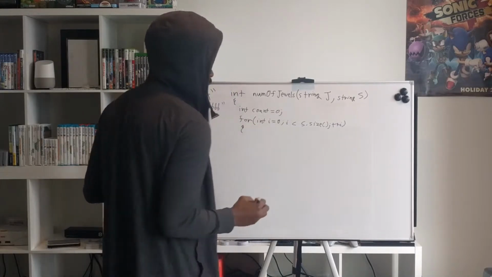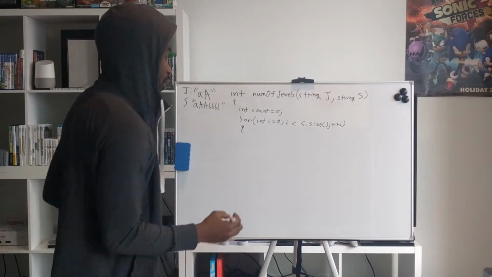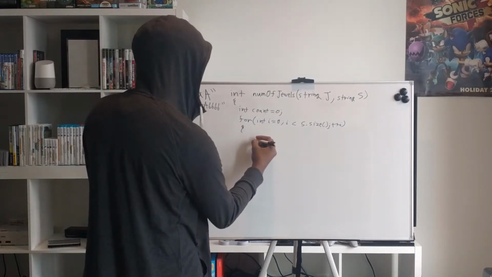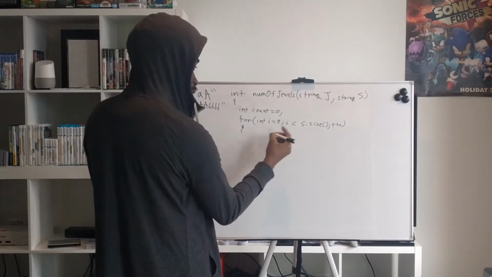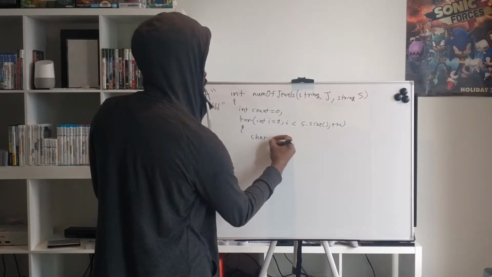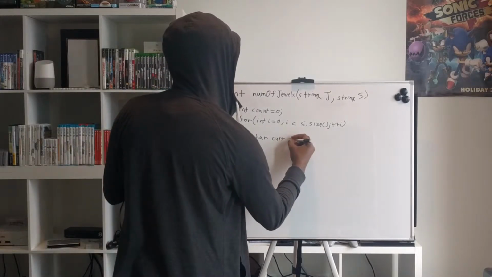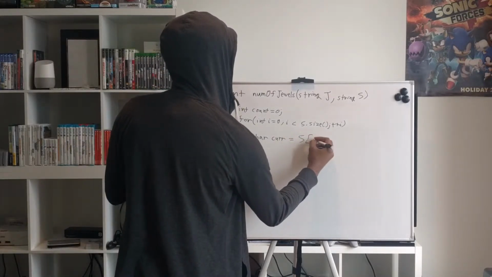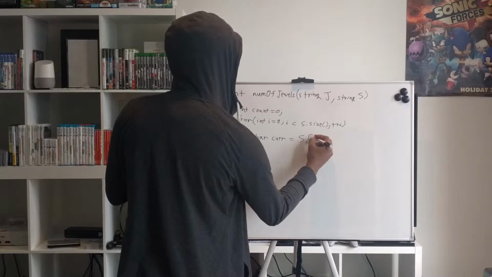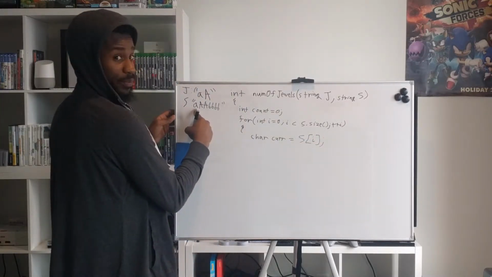Okay? So, what did we say we're going to do? We're going to iterate through this. So, get the current character, right? So we're going to say char cur for current equals S of i. And that, in this case, will get us an A, right?